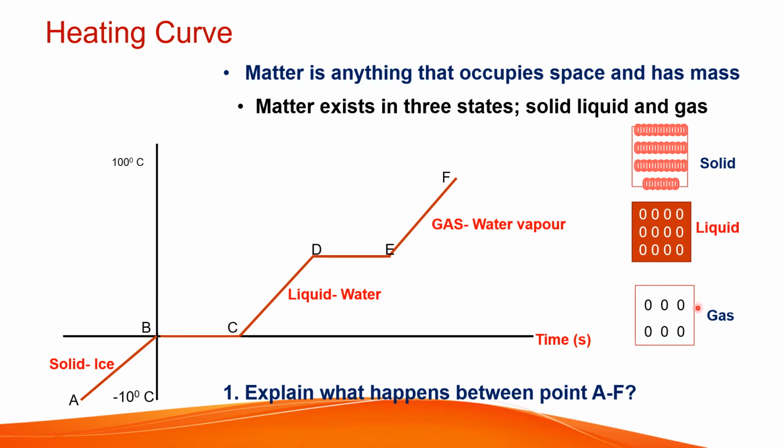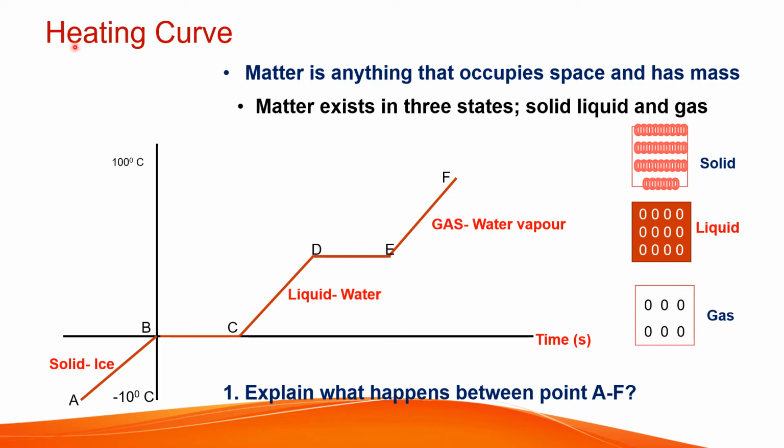So it is easier to heat a gas and reach its boiling point than a liquid than a solid. That is all about the kinetic theory of matter. When you heat a substance, what happens? It gains energy and starts to move or starts to vibrate. That is all about kinetic energy.